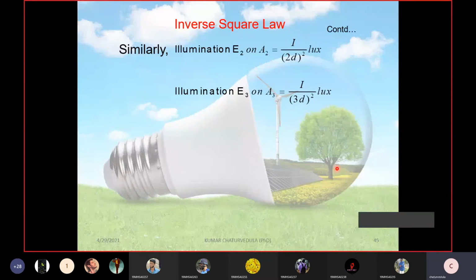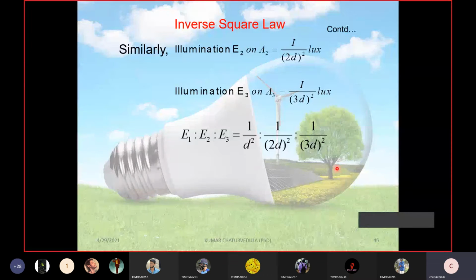So we have got E1 is equal to I by d square lux, illumination E2 is equal to I by 2d square lux, and illumination E3 is equal to I by 3d square lux. If you try to find out the ratio of E1 is to E2 is to E3, taking I as common, so 1 by d square is to 1 by 2d square is to 1 by 3d square. So this is nothing but the inverse square law.